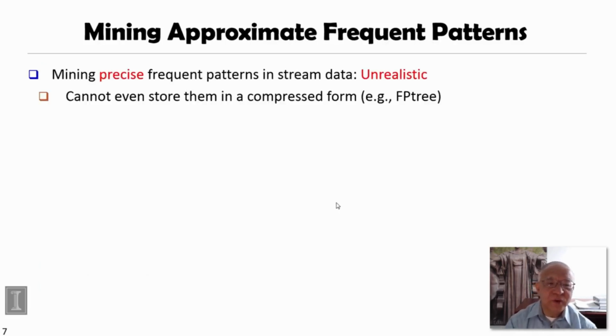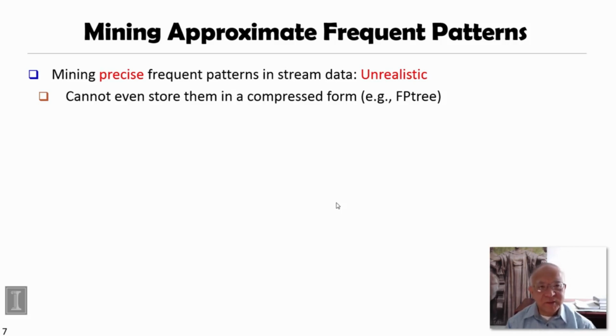One important thing is that for mining frequent patterns in stream data, it is unrealistic to try to find precise frequent patterns. Simply put, the past precise thing may already be gone. It's pretty hard to capture them. The future one may not be coming yet, so it's pretty hard to predict them.